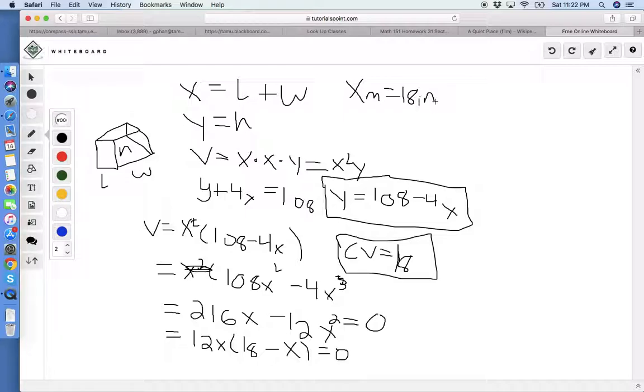Alright, so now that we found our x, we can plug into our y equals 108 minus 4x equation. So let's rewrite it. So y equals 108 minus 4 times 18.